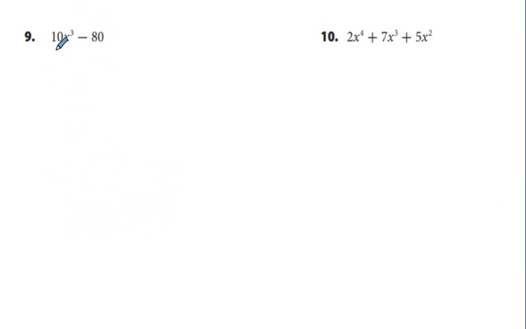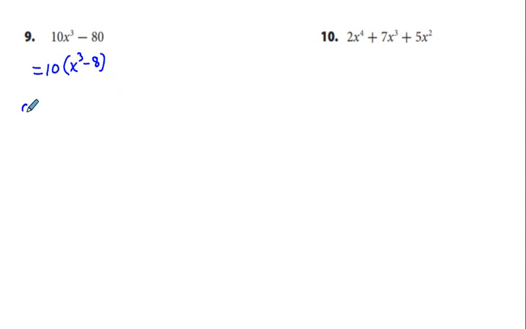Now here we have a possible difference of cubes. We have 10x cubed minus 80, and a greatest common factor here is going to be 10, so I'm going to take 10 out here: 10 times x cubed minus 8.